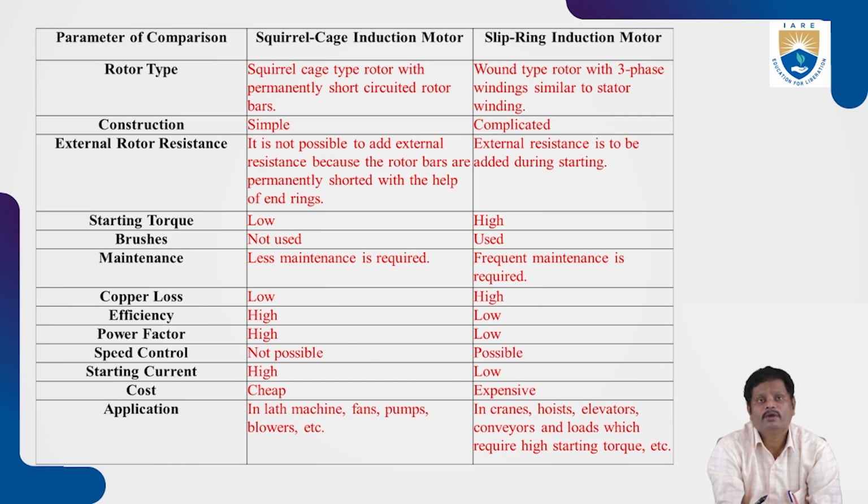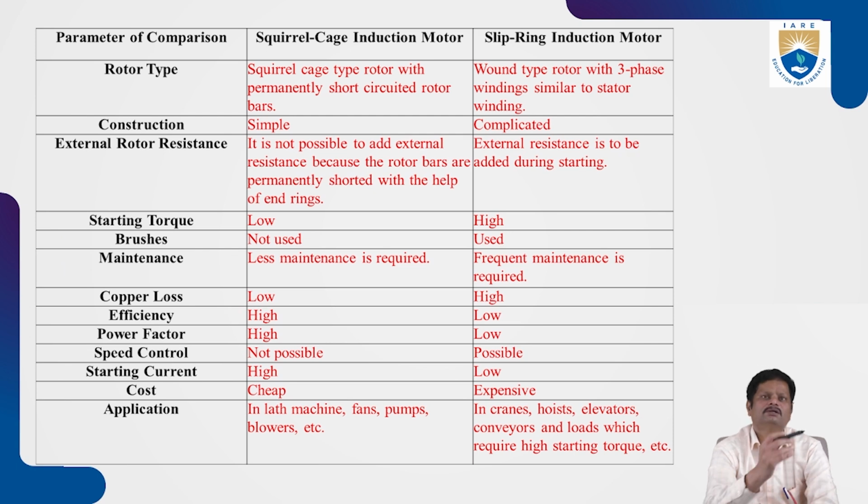But it is possible to add external resistance for slip ring induction motors by using slip rings and brushes. Starting torque is somewhat low in squirrel cage induction motors, and starting torque is high in slip ring induction motors. There is no need of brushes in squirrel cage.